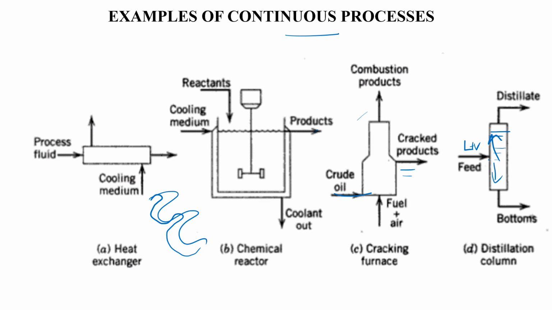Then again we heat the liquid and feed it as input to this. Here also we take the vapor, cool it and feed it. Likewise we can keep on, and we get different temperatures, and at each temperature we get different products. So the products are continuously taken. So these are the examples of continuous process.